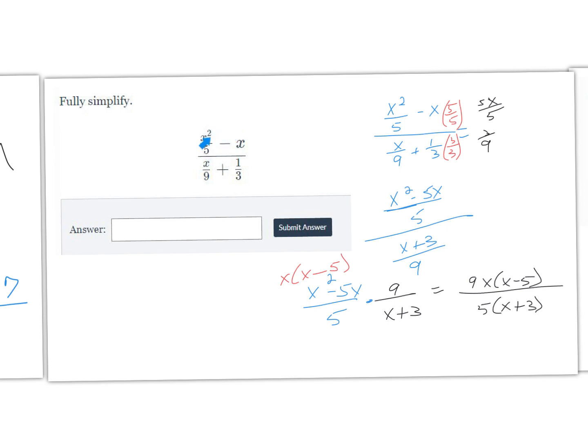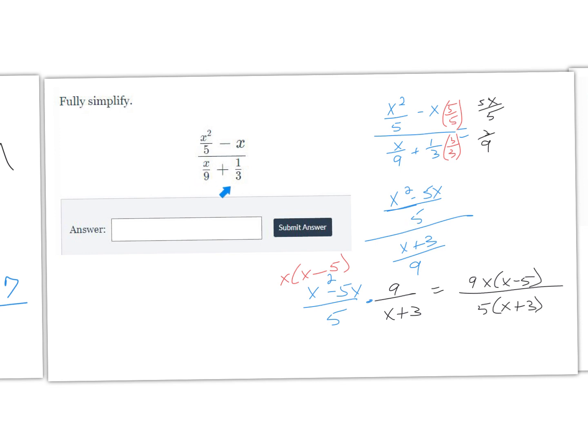So in just the numerator here, we have a denominator of 5 and a denominator of 1. So this x is going to have to be multiplied by 5 over 5. The numerator and the denominator get multiplied by 5. That gives us 5x over 5. So we'll end up with x squared minus 5x all over 5.